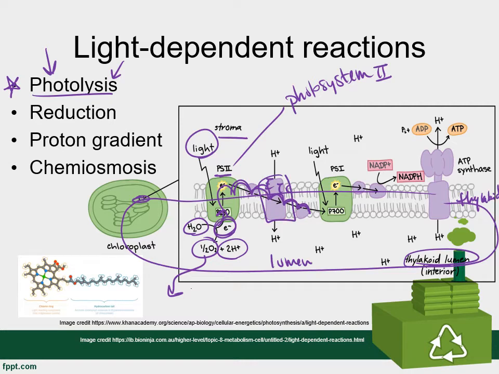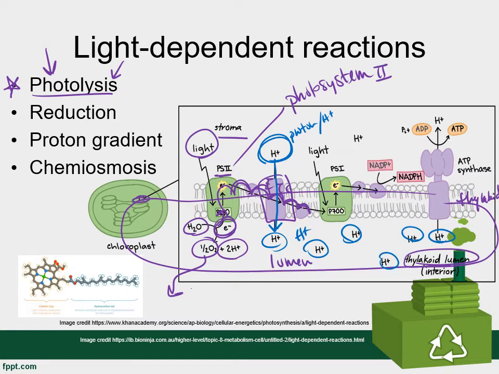That energy is going to be used by those proteins to pump hydrogen ions, also called protons, also called H pluses, all the same thing. We're going to pump those protons into the lumen of the thylakoid membranes. So that's going to lead to a high concentration gradient of these hydrogen ions.